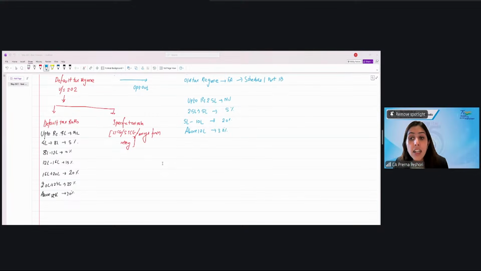However, if the individual is a senior citizen and a resident of India, see, this is only for a resident individual. If a non-resident individual is over 60 years, this slab will not be applicable. So it is only for a resident individual above 60 years but less than 80 years. So what is the slab?